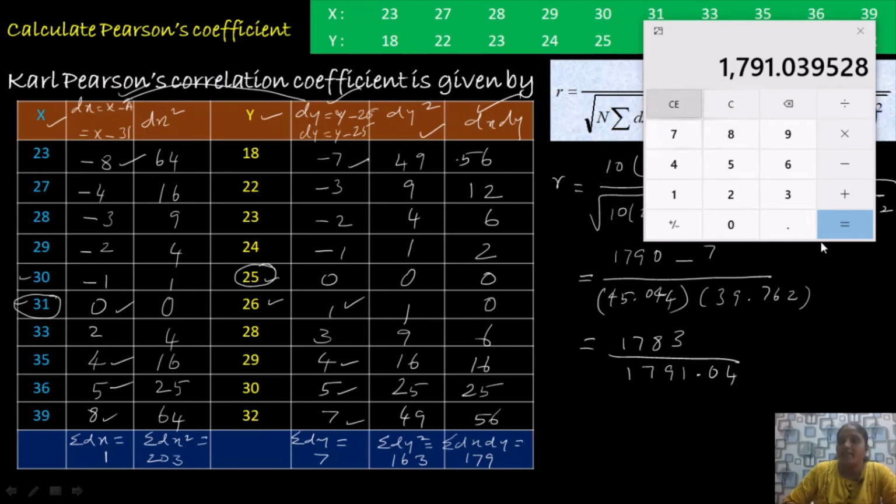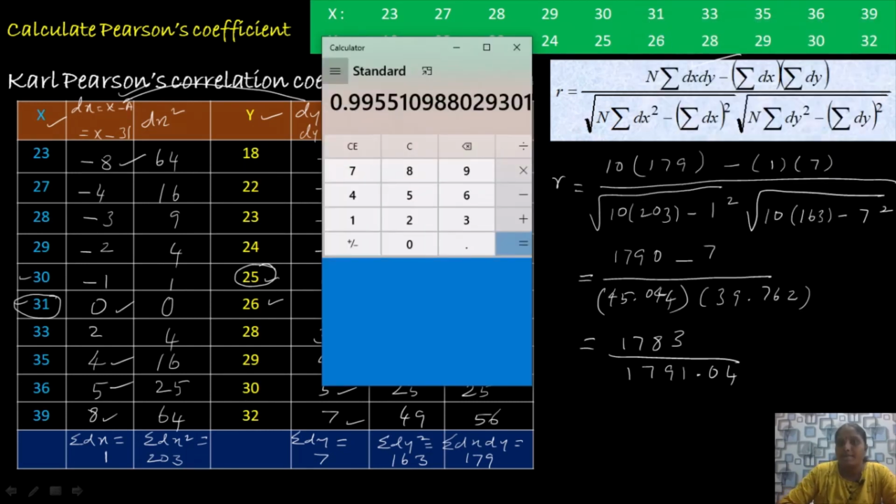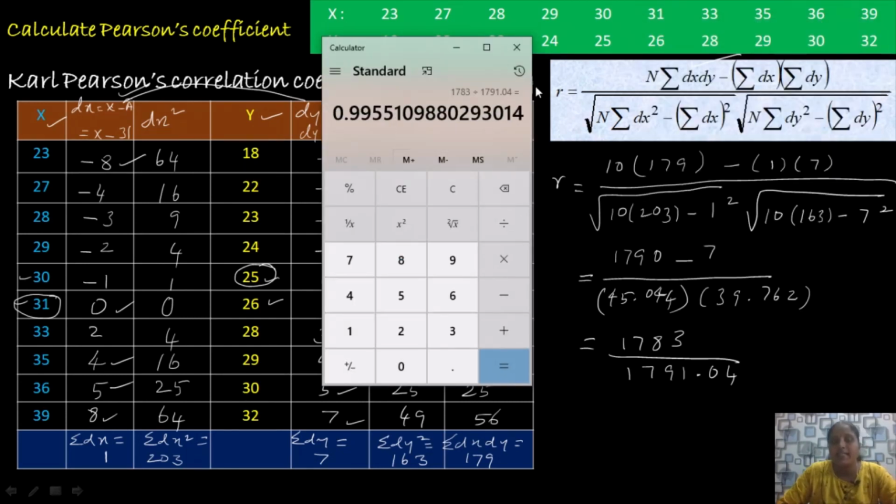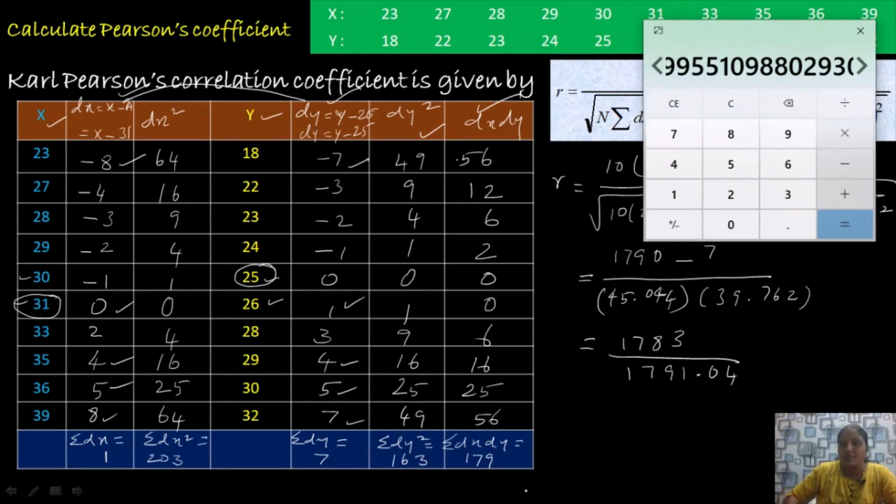You divide 1783 by 1791.04, you get the value 0.996. We have to take up to 3 decimal places. So R is equal to 0.996.